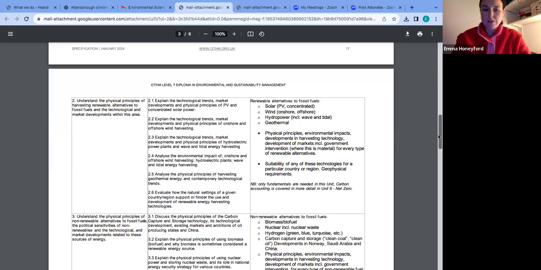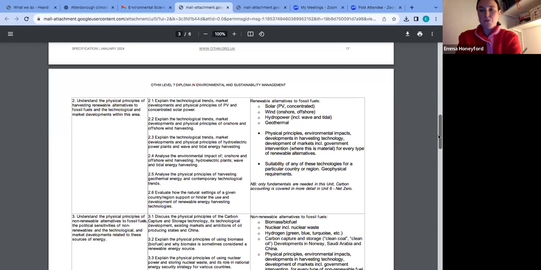2.5, analyse the physical principles of harvesting geothermal energy and contemporary technological trends. And 2.6, you'll have an understanding of how to evaluate how the natural settings of a given country or region may support or hinder the use and development of renewable energy harvesting technologies. So the geography is very important when we look at considering which renewable energies we are going to use per region.